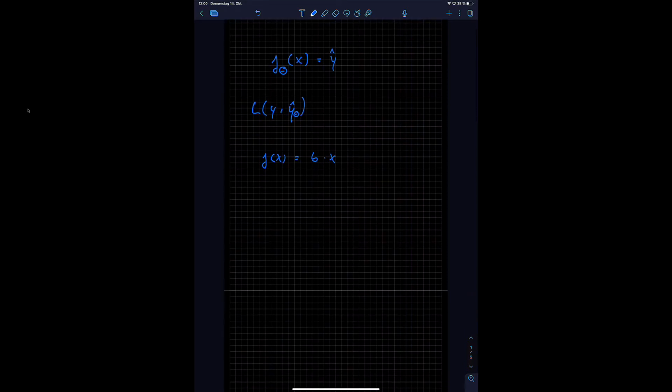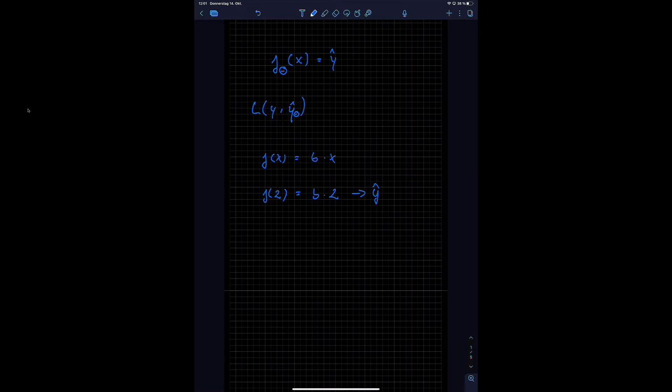And now depending on which value we are, let's make this more specific. Let's say we have one value of x, which is 2. And this is how our model looks like. So we can influence the prediction for y hat by setting the value of the parameter b.